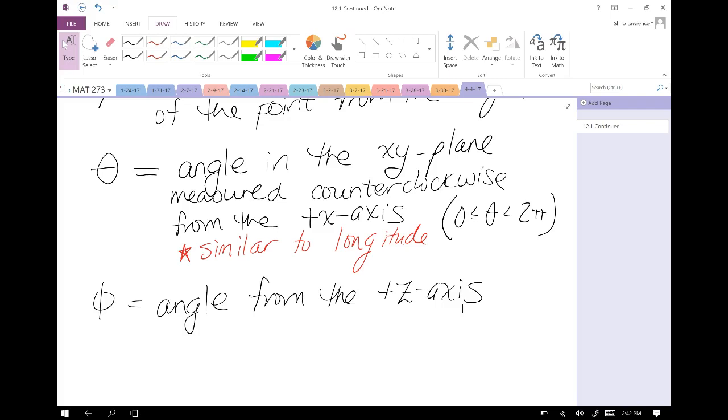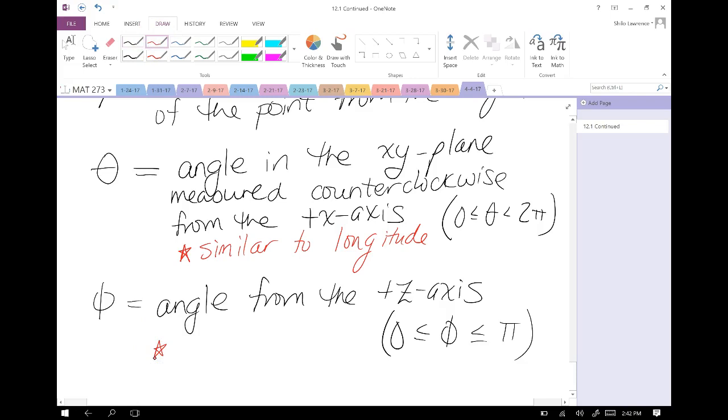So phi only needs to range from top to bottom. If that ever needs to happen, we'll have theta take us around to the other side. So phi is only going to ever range from 0 to pi. So 0 would be the positive z-axis and pi would be the negative z-axis.